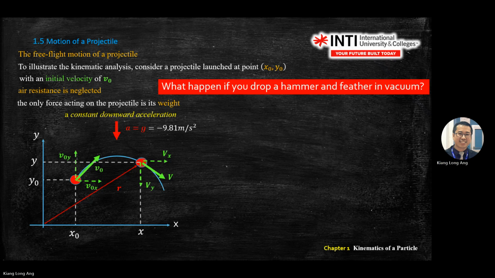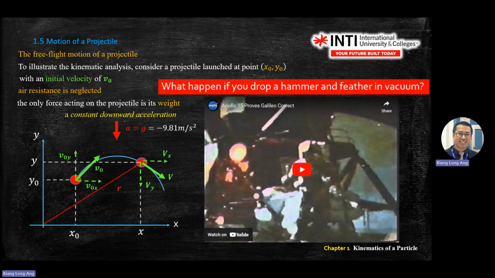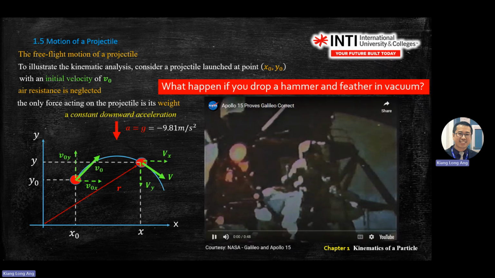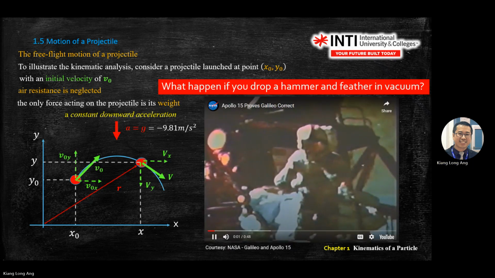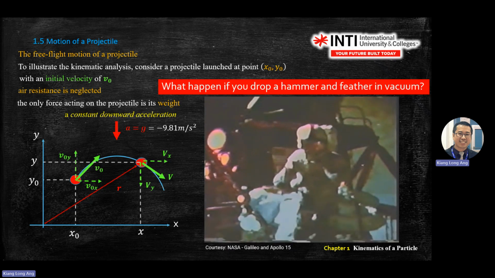So what happens if you drop a hammer in a vacuum? Which one will fall first? Which one will touch the ground first? It was the same. There's a video on that. Just in case you haven't watched it, it was on the moon.